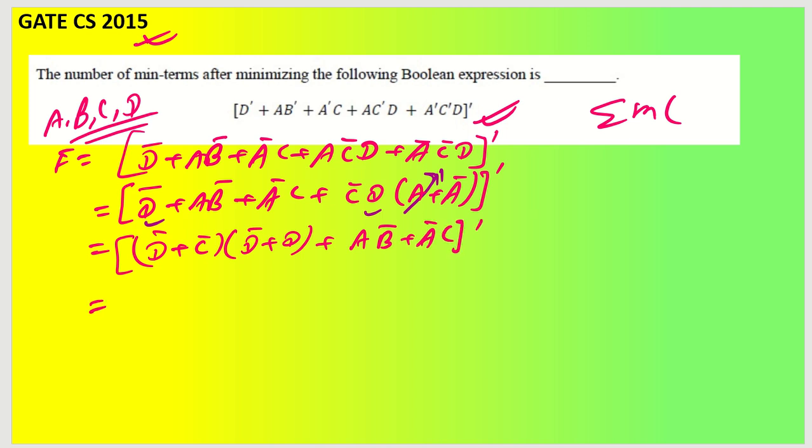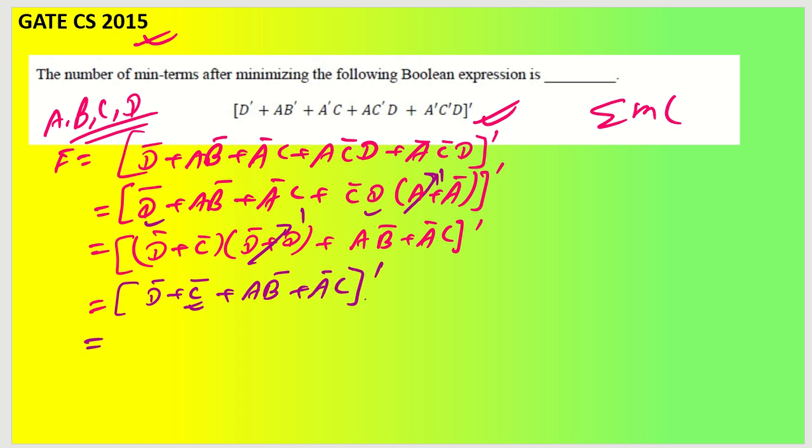As you can see, D bar plus D will go to 1. So we are remaining with D bar plus C bar plus A B bar plus A bar C.